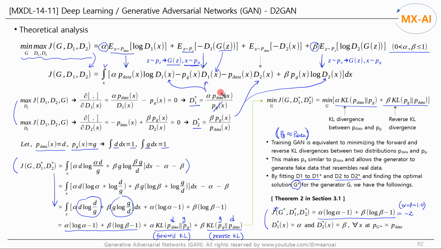Also, if PG and P data are equal, then D1 star of X becomes alpha, and D2 star of X becomes beta for all X. This is given in Theorem 2 of Section 3.1 of the paper. We will verify this experimentally later when implementing the D2GAN model.